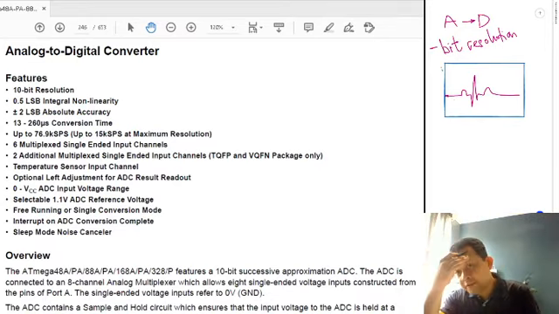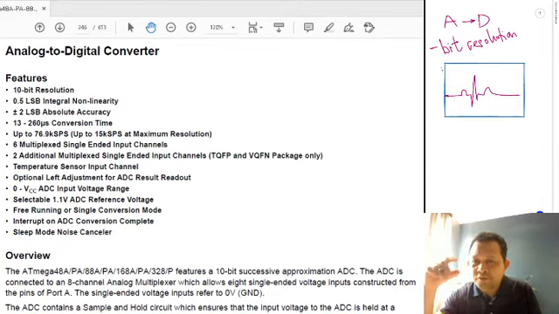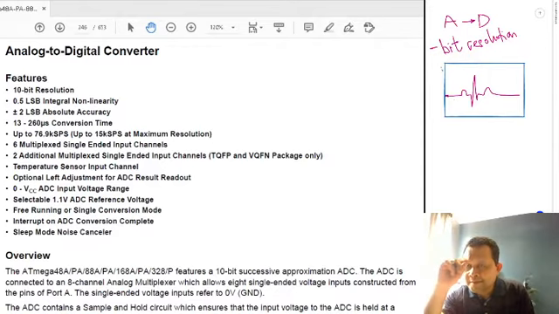So voltage is also continuous, which means if we have a voltage between 0 to 1 volt and you want to zoom in to see if there's a gap between these two voltages, you cannot, because it is continuous.